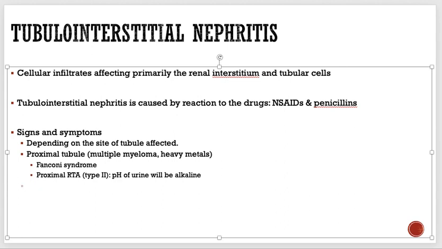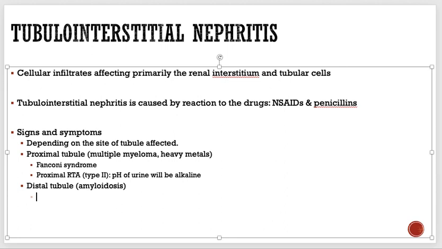So what will the signs and symptoms be when there is a distal tubule problem, or when the distal tubule is the affected site? The distal tubule can be affected in multiple conditions. I will just tell you one: amyloidosis can cause this, right?